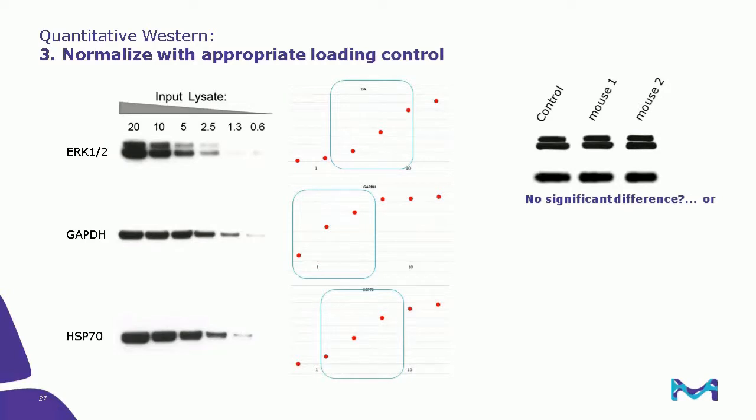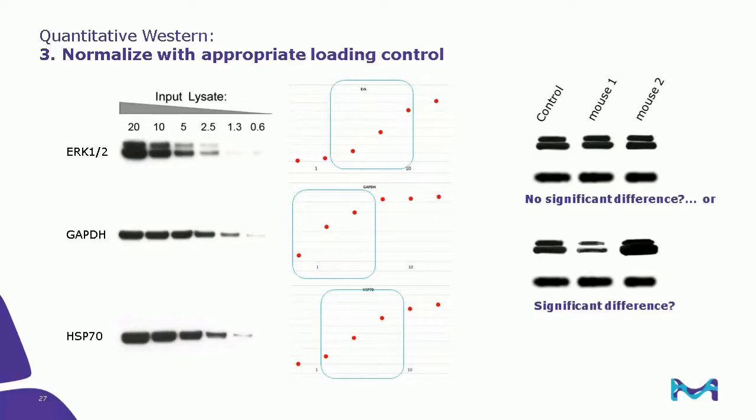In one case, you can lose your confidence to say that there are no significant differences. In another case, you lose your confidence to say that there are significant differences because your loading control will look the same regardless of your target expression level. In fact, your loading control is no longer a loading control since it cannot reliably tell the difference between the sample loadings.